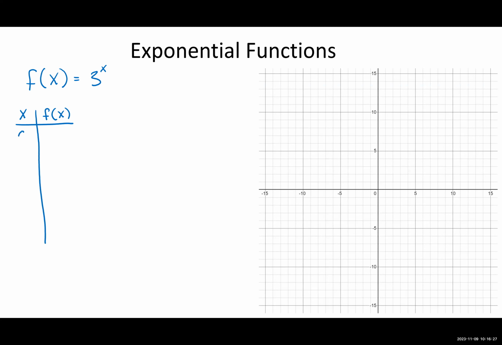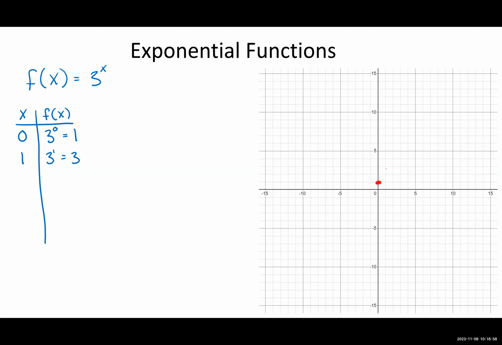Okay. If x is 0, the y value would be 3 to the 0, which is 1. So that's one point on the graph, (0, 1). Okay. If x is 1, we get 3 to the first power, which is 3.